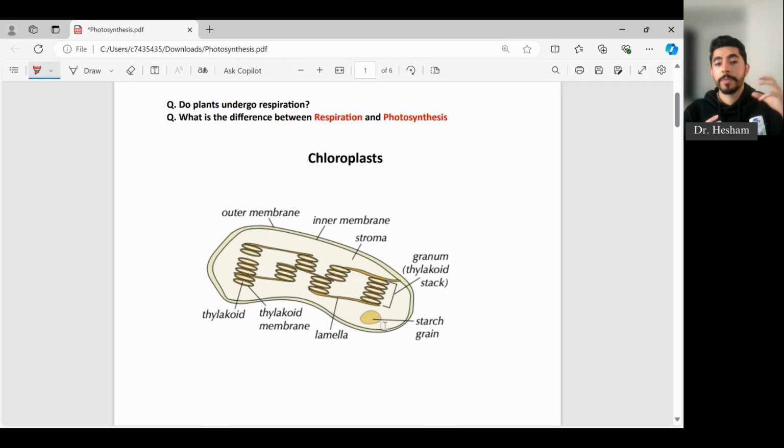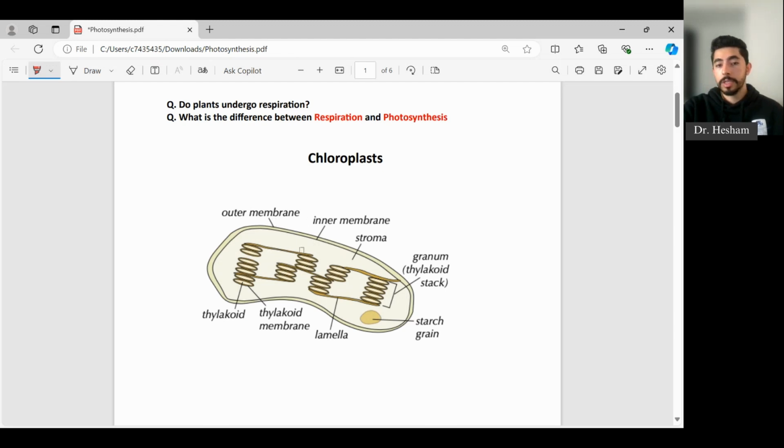It's a green pigment that is present inside the chloroplast that is responsible for trapping the light from the sunlight, from the sun. So chloroplasts are oval in shape, and they have two membranes, an outer membrane and an inner membrane.